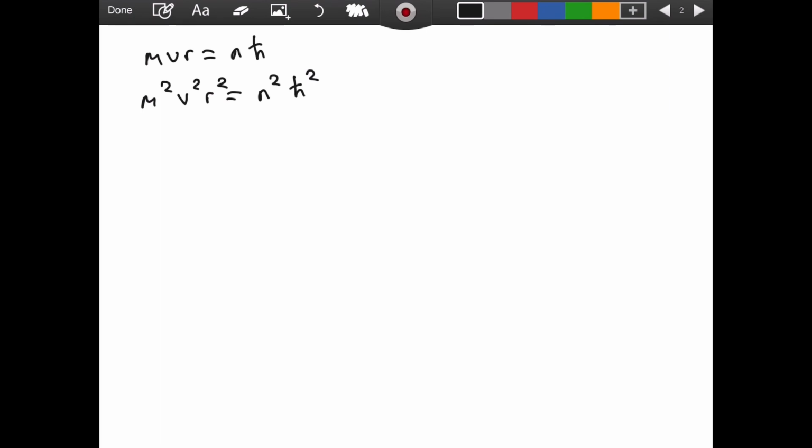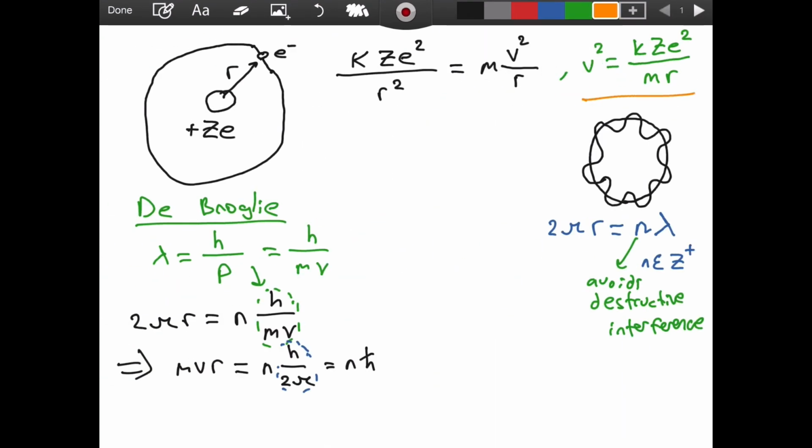And here, I can solve for v squared. What is v squared? It is going to be equal to n squared h bar squared divided by m squared and r squared. But you might be asking, why did you solve for v squared? I solved for v squared because we already have a formula for it. So we can equalize these two formulas.